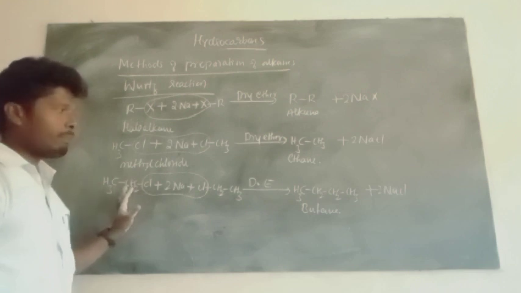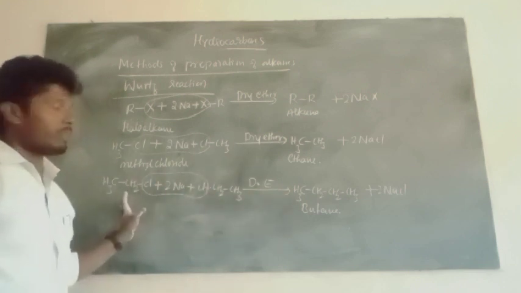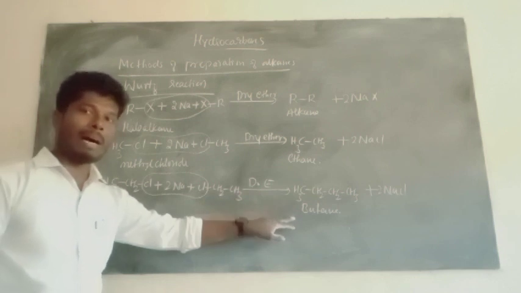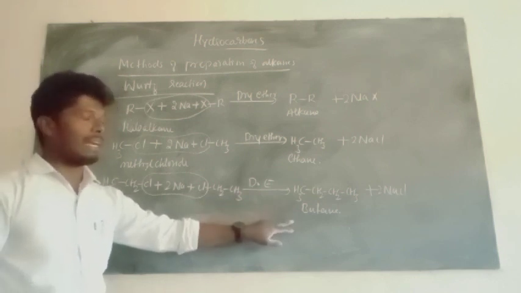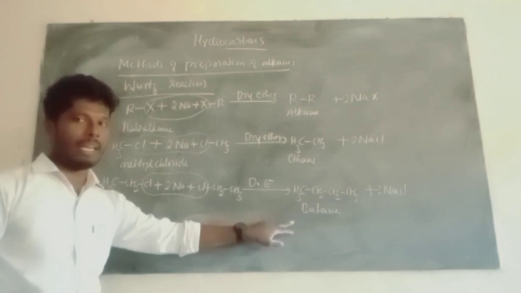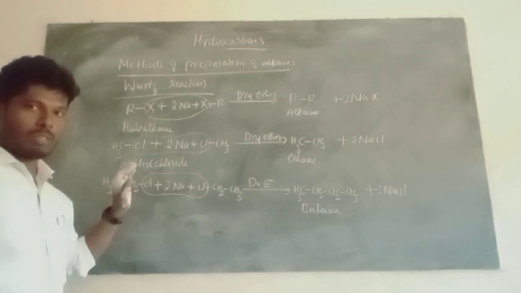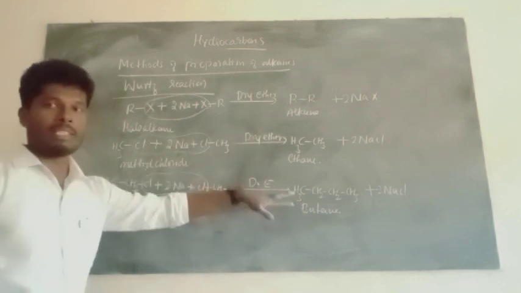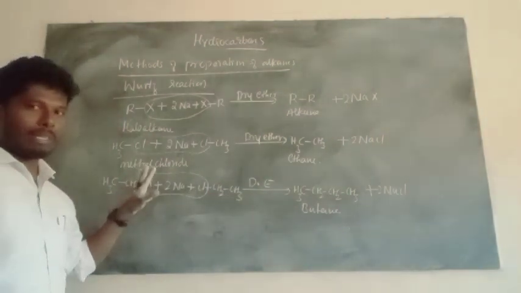Remember, we cannot prepare alkanes by using tertiary haloalkanes because after removing halogen, the tertiary carbocation is highly stable, so that instead of forming alkanes, one of the hydrogens is eliminated from the methyl group and results in alkene. This is the limitation of Wurtz reaction. So the methods of preparation of alkanes from haloalkanes, this is the second method.